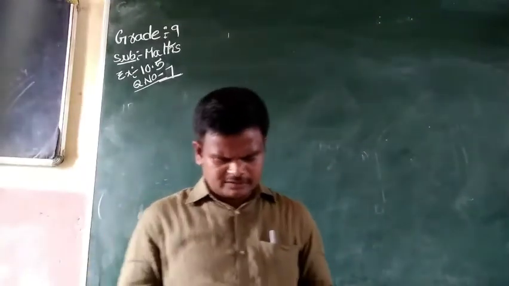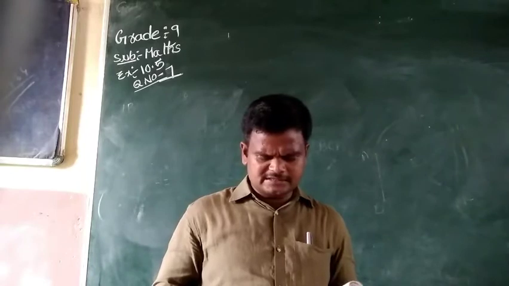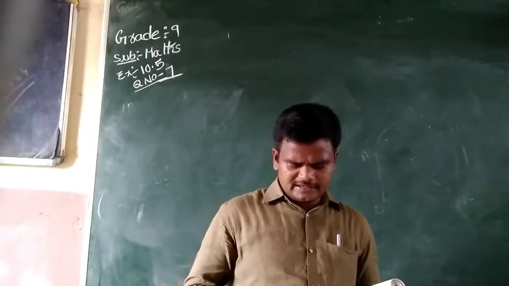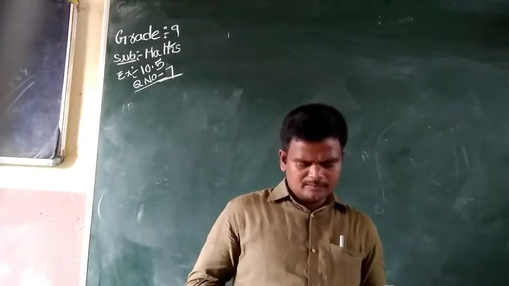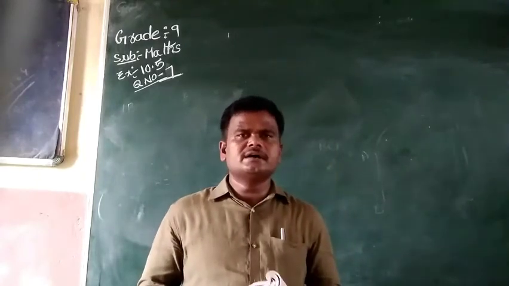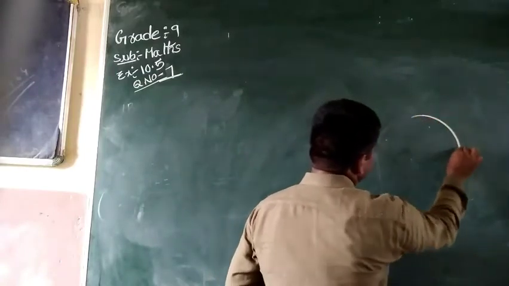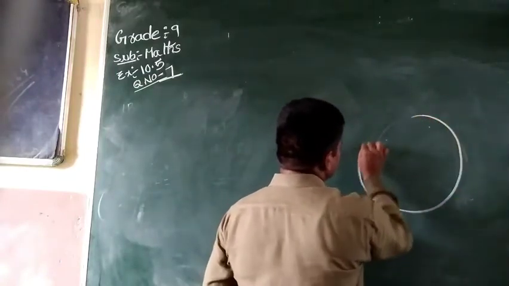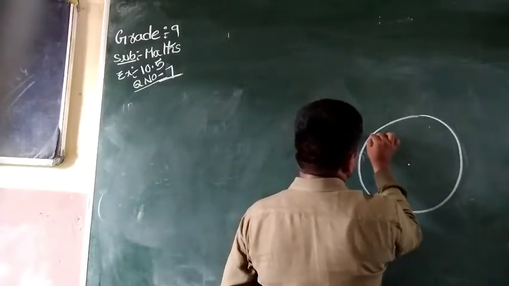Next one, the 7th. If the diagonals of a cyclic quadrilateral are diameters of the circle through the vertices of the quadrilateral, prove that it is a rectangle. Here it is a cyclic quadrilateral ABCD, and this is the center.